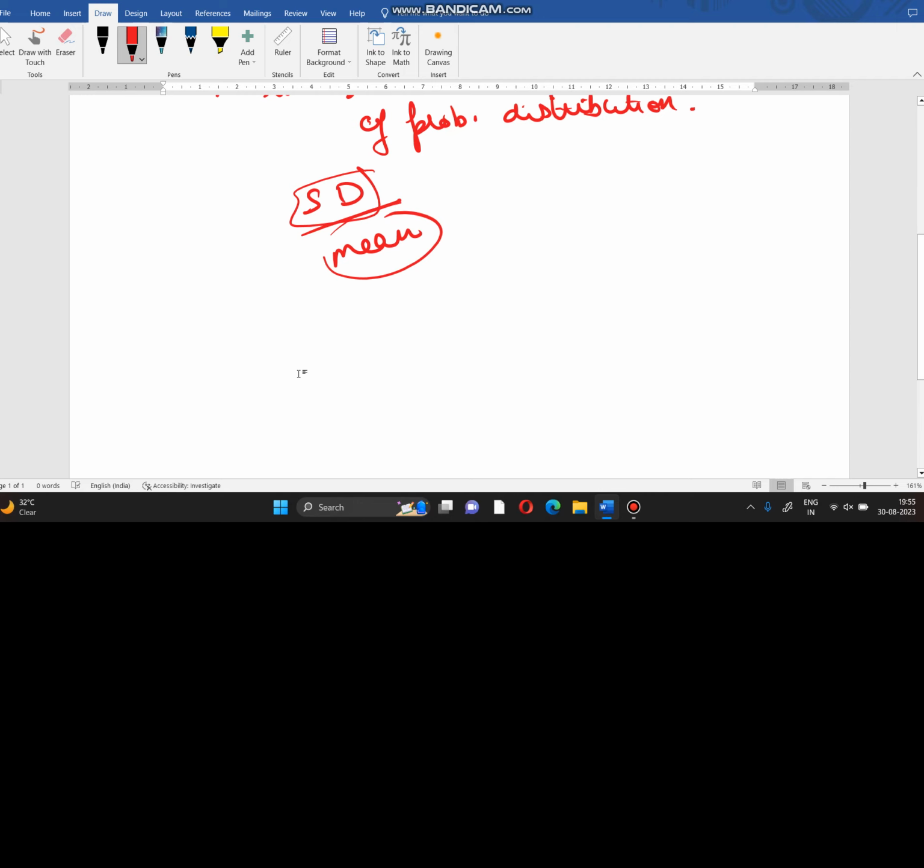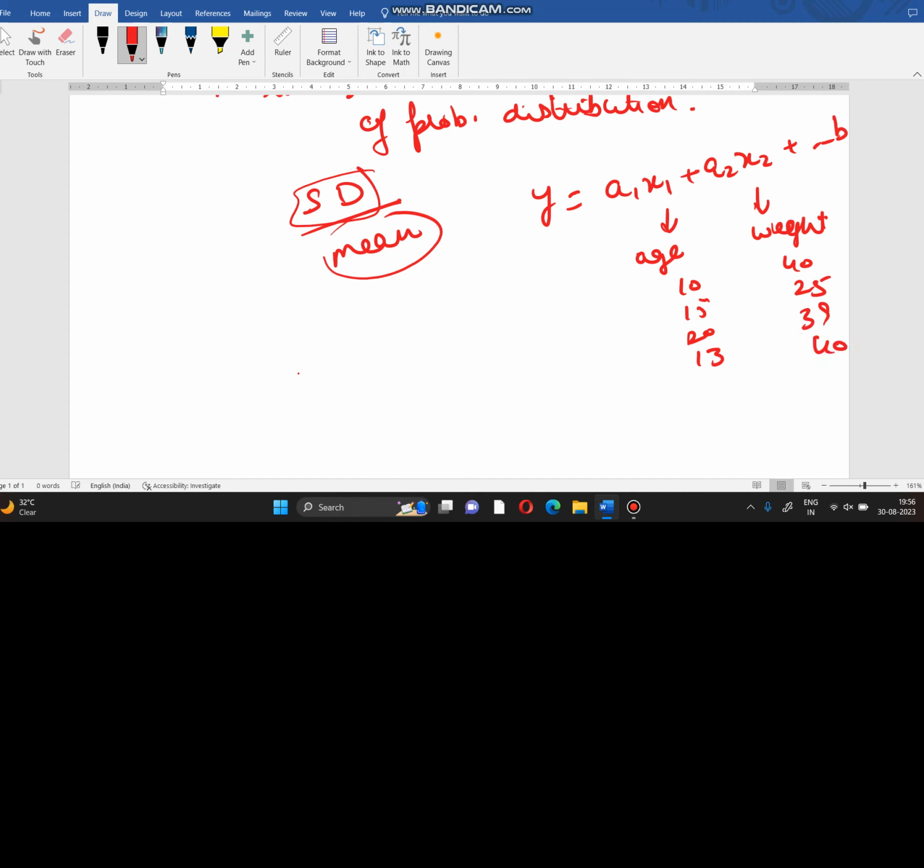When we talk of a simple regression analysis algorithm, like multilinear regression, which is equal to a linear equation, in another lecture we will be discussing linear regression. Let us say x1 is age and x2 is weight, and in the data set we have values like age of 10, 15, 20, 13, and weight 40 kg, 25, 39, 40, whatever these values are.